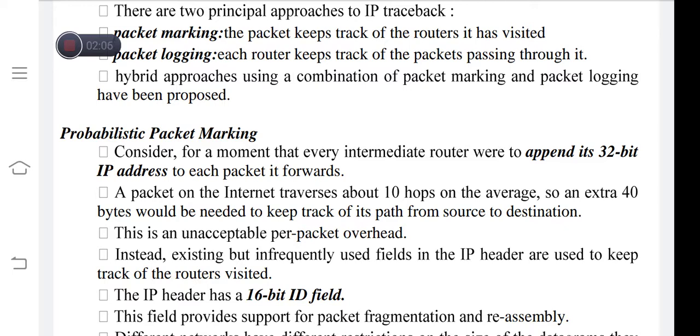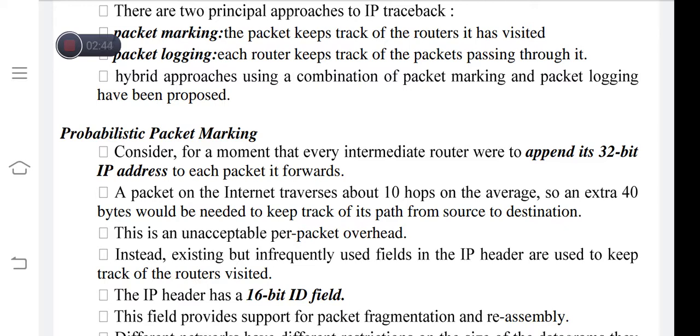So here, if we have an intermediate router that is going to append its 32-bit IP address to each packet which it forwards, the question is how many bytes it is going to consume.